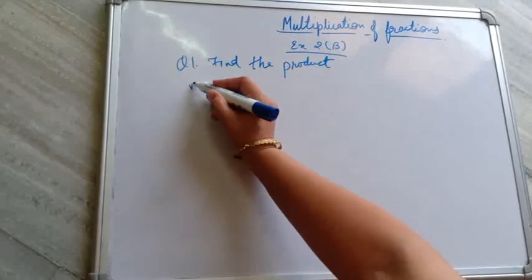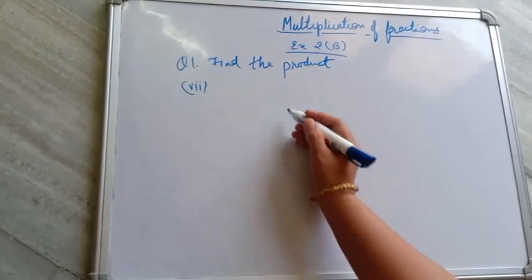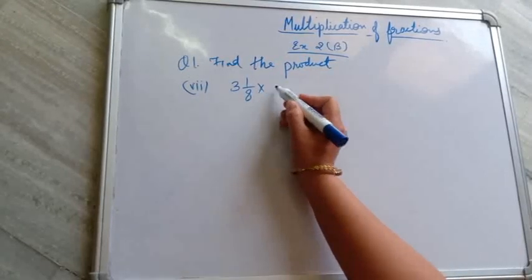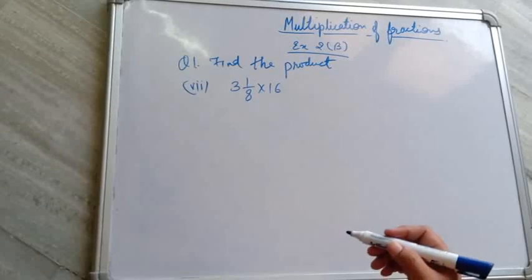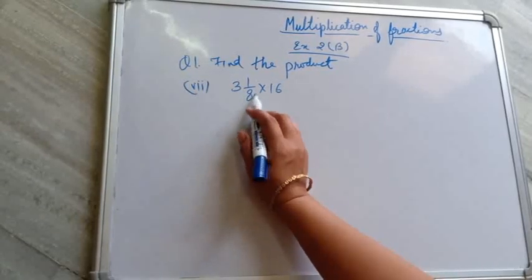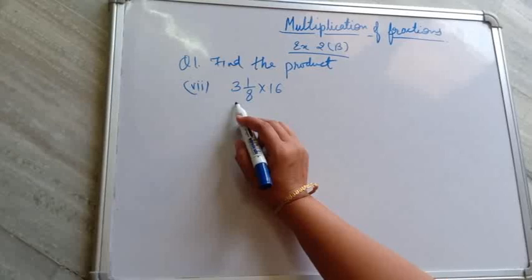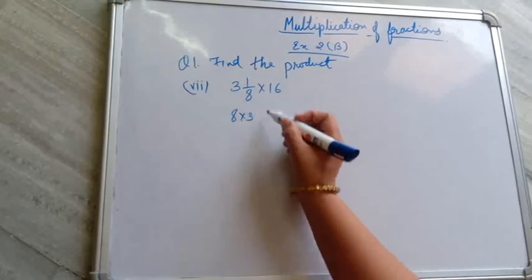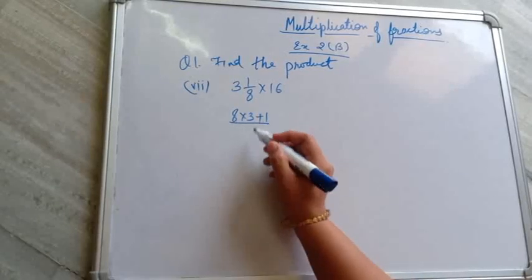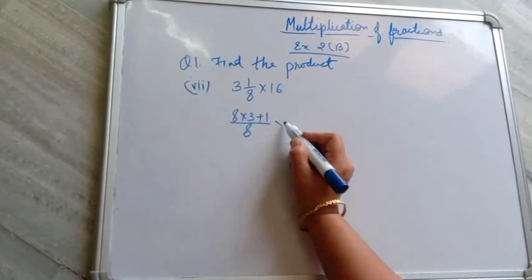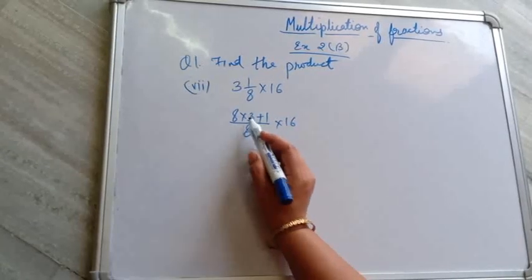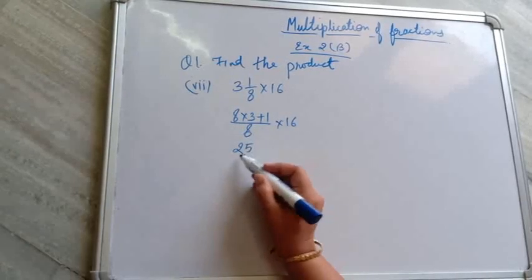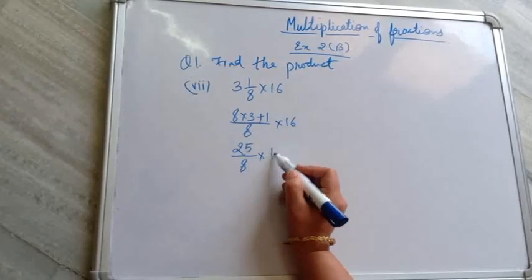Next is the seventh part of the question. 3 1 by 8 multiplied by 16. Convert it into an improper fraction first by multiplying 8 by 3 and then adding 1 to it, upon 8 multiplied by 16. 8 3s are 24, 24 plus 1 is 25, 25 upon 8 multiplied by 16.